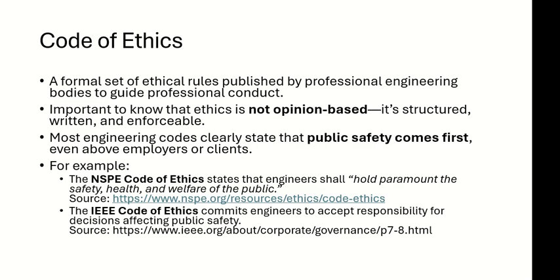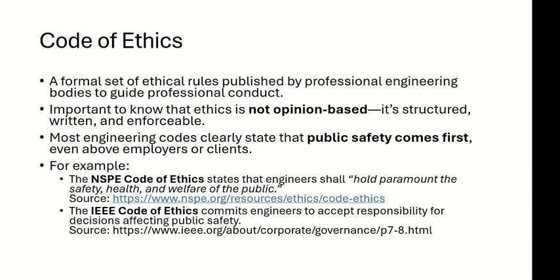Okay, so I already talked about code of ethics. I mentioned it in one of the previous slides. So code of ethics gives you a formal set of rules. So there are rules written for the professionals, and every major profession in the world has something like this. Doctors have it, lawyers have it, so engineers also have it.